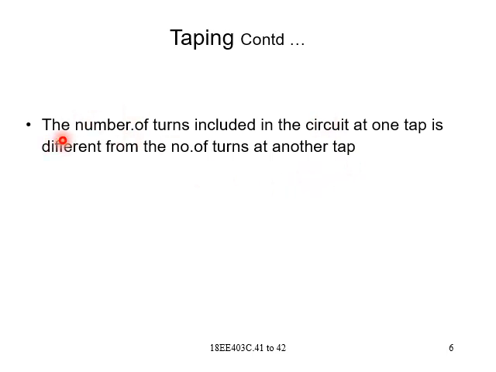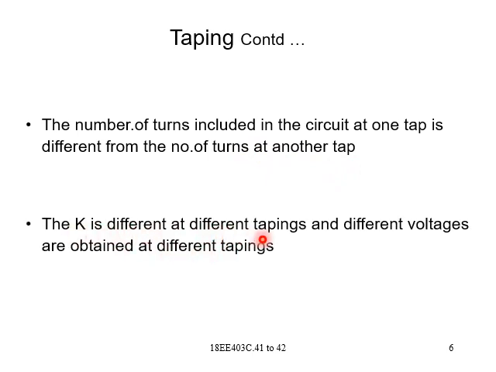So the K is different at different taps. The voltage mainly depends on the number of turns. If the number of turns differs, the voltage also differs, and the value of K also differs. That is why different voltages are obtained at different tappings.